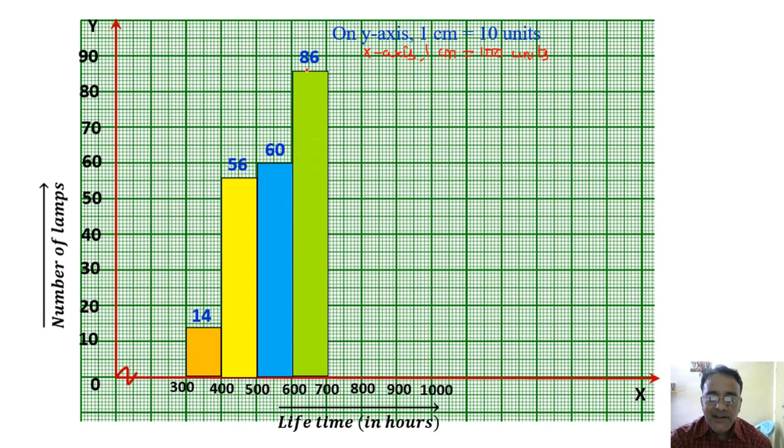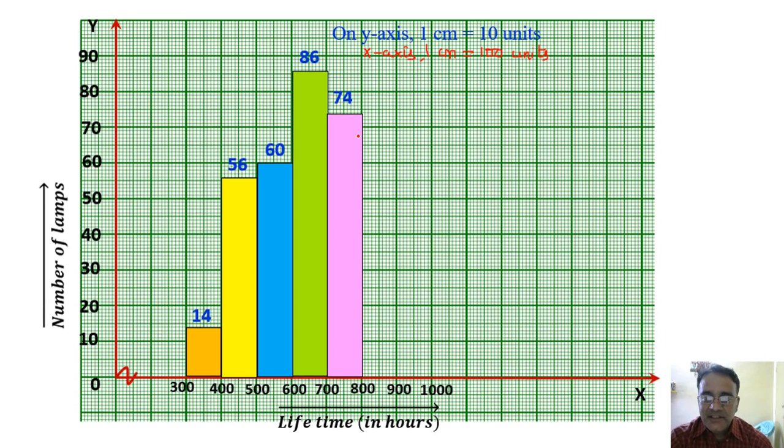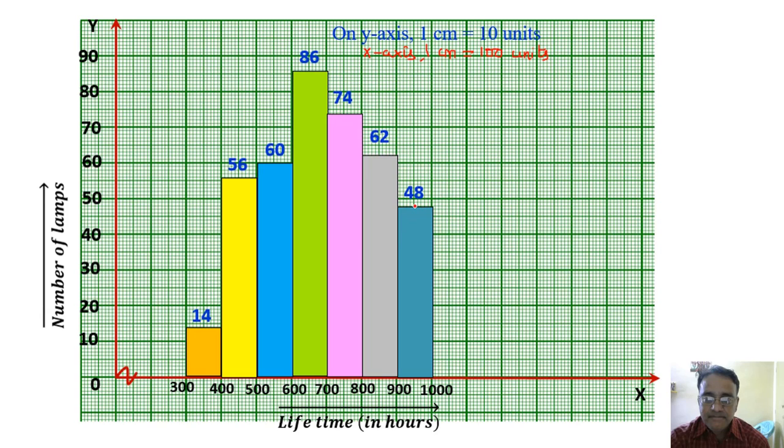Okay, next one is 74. 70 के बाद fourth grid here, and next one is 62. 60 के बाद second वाला grid. Last one is 48. 48 means 40 के बाद eighth वाला grid, so it will come over here. Okay, so this is the histogram. Any doubt in this one? No, sir.